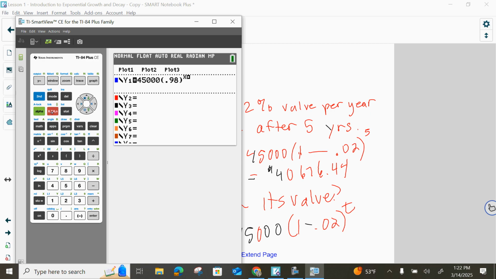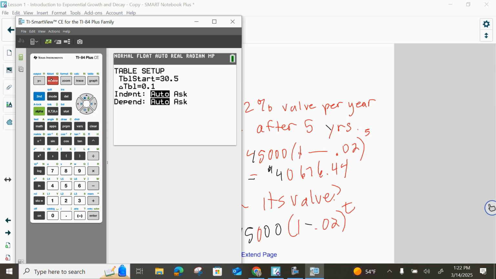It doesn't need to be a t, it can be an x, right? So now we did this the other day. Go to your table, go to second window, start your table at 0 and jump by ones.